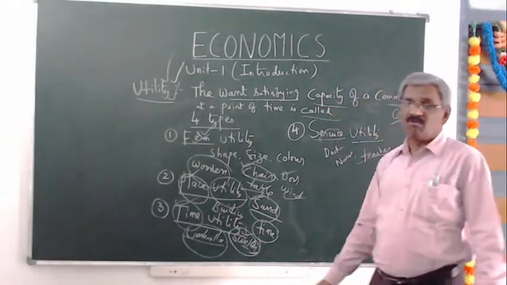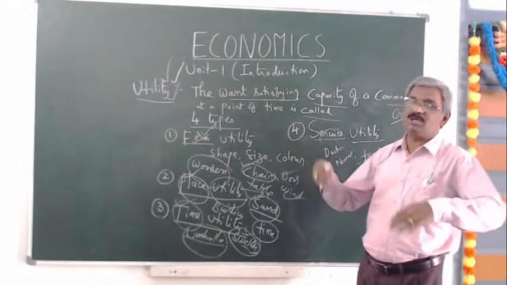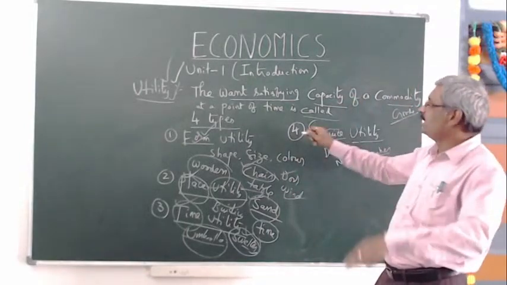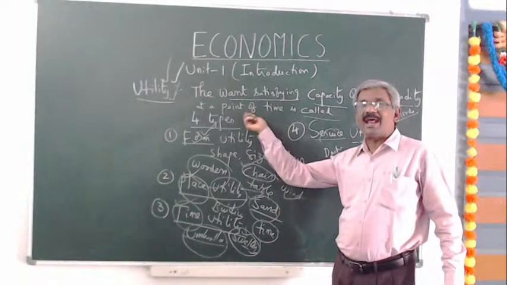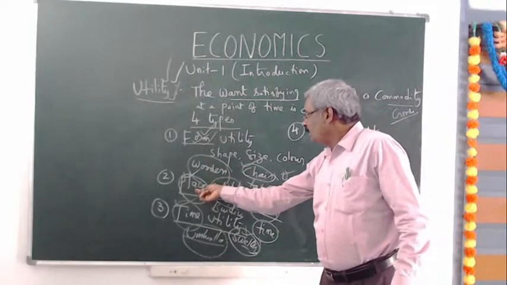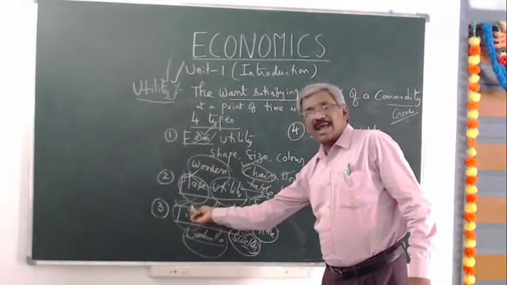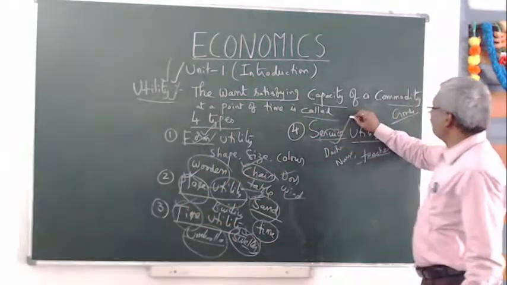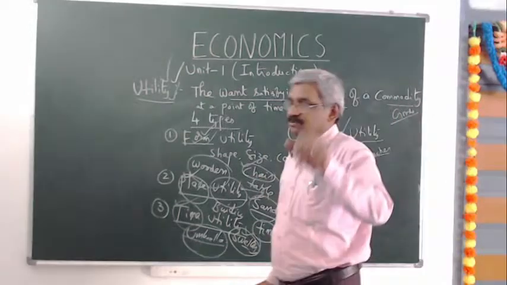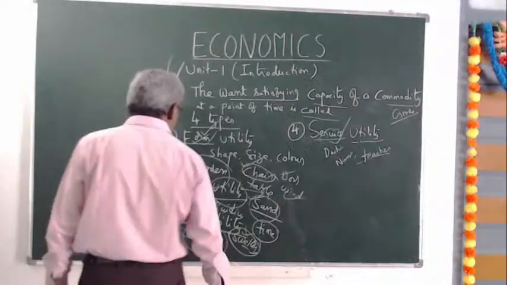Utility means the want-satisfying capacity of a commodity for human beings at a point of time, at form level, place level, time level or service level. Utility has these four types. Okay, this is utility.